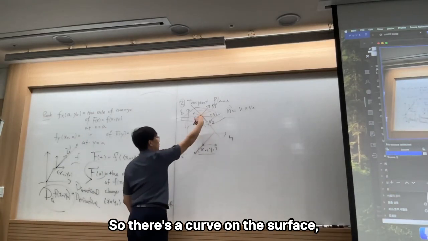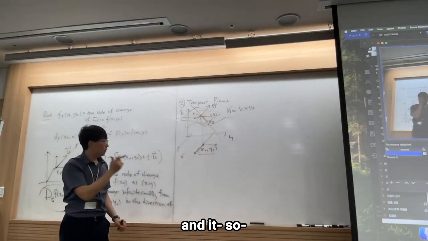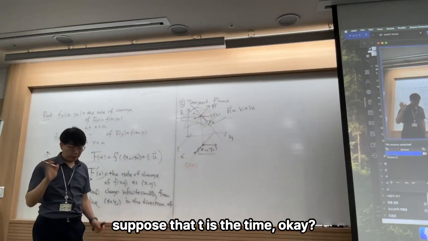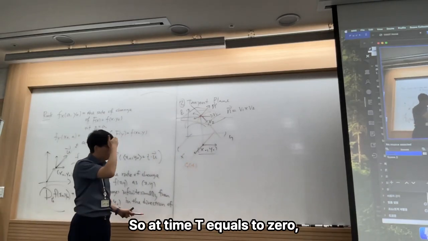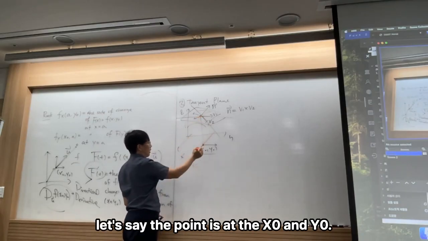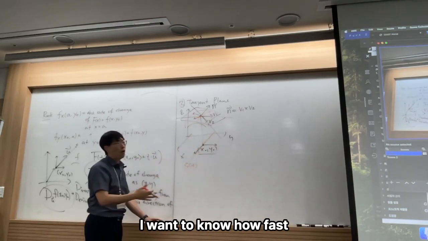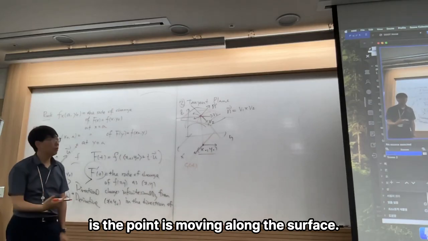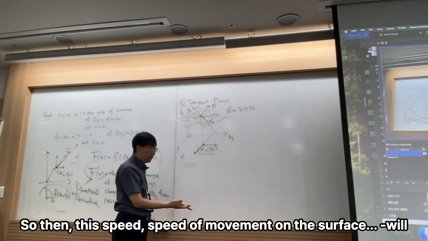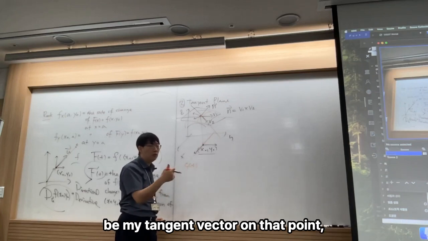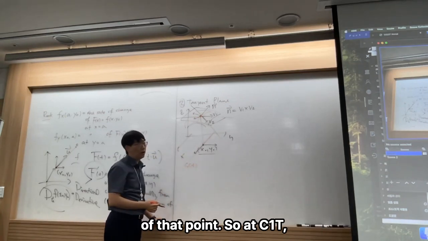Let's say this is C1(t), where t is the time. At time t equals 0, the point is at x0, y0. I want to know how fast the point is moving along the surface. This speed of movement on the surface will be my tangent vector at that point.